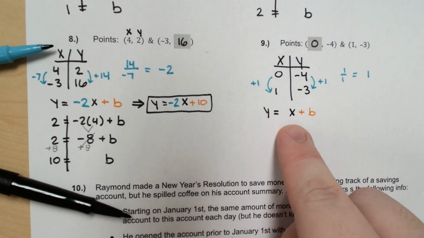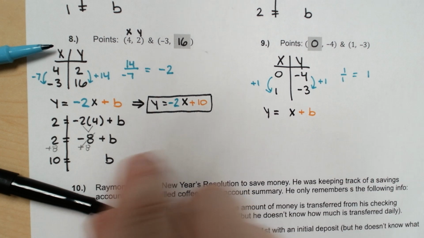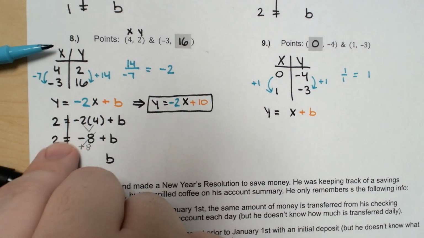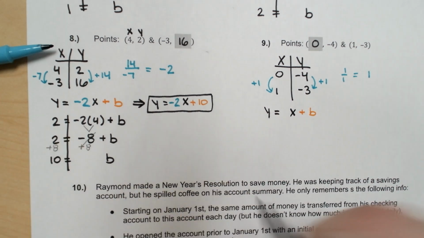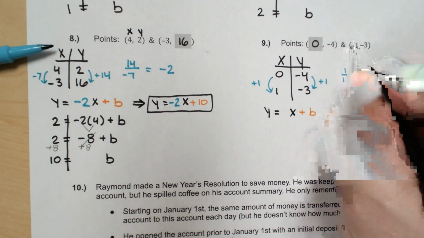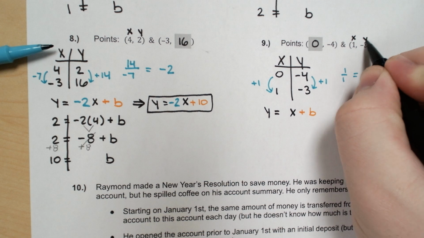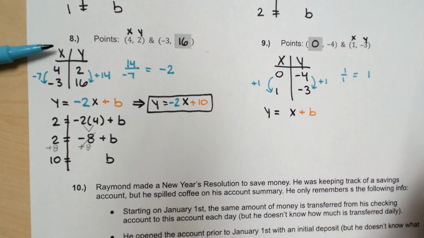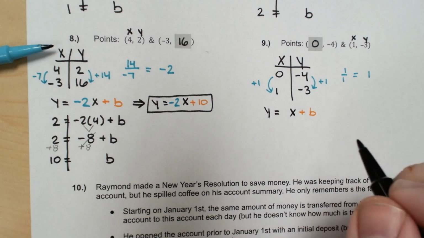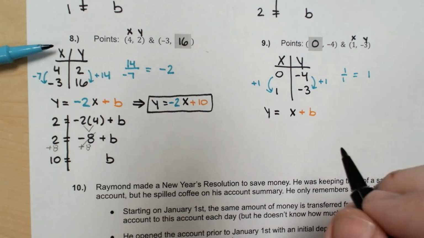That means that my equation should look like y equals x plus b. Now, you can put y equals 1x there if you want, or not. Doesn't matter. And then pick either one of these ordered pairs to plug in for x and y. I'm going to pick 1, -3. I'm just picking them.